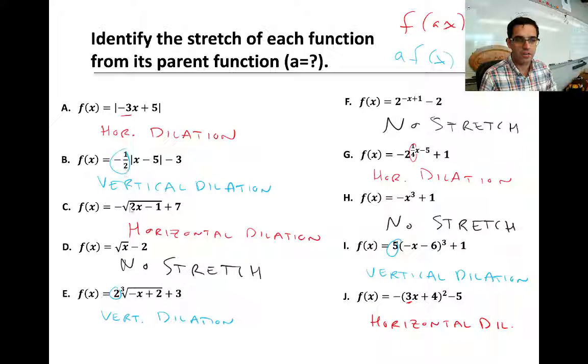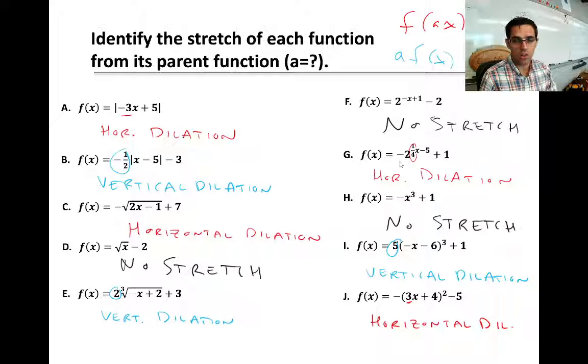B, it's 1/2. C, it's 2. E, it's 2. G, the 1/4 is a number attached to the x, so that is our dilation. 1/4 is our a value. 5 for I and 3 for j. The D, F, and H do not have a dilation. There's no a value other than 1.